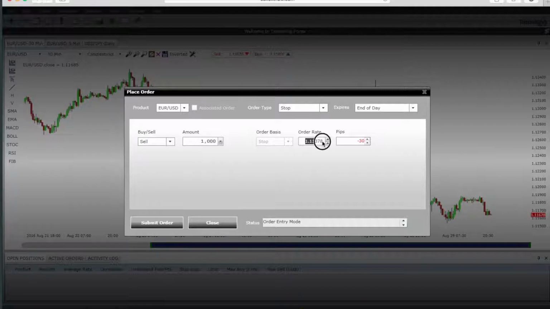And then, let's say you're uncomfortable with the losses you would amass if the euro-dollar pair were to go below these levels. That's your form of risk management. You're limiting your downside losses, where if you were to hit submit order, your current position in the euro-dollar would be sold if prices were to go below this level.